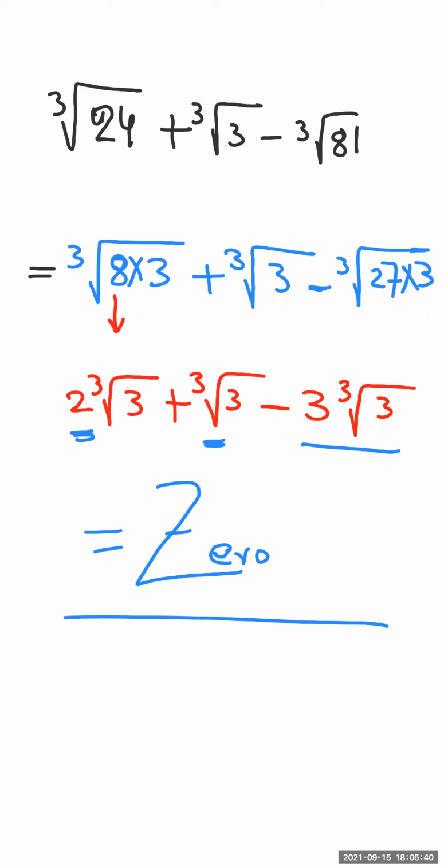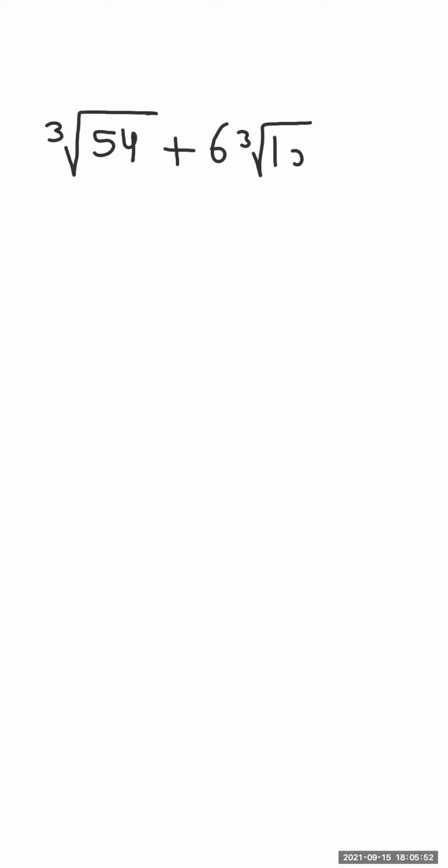If the question is like this, guys, concentrate well on that one. It's a cubic root of 54 plus 6 cubic root of 16 minus 6 cubic root of 1 over 4. So first we have to simplify each number.